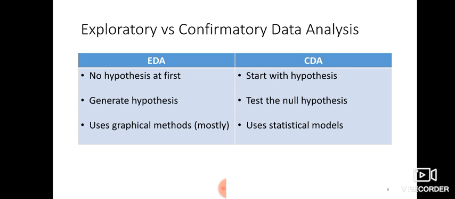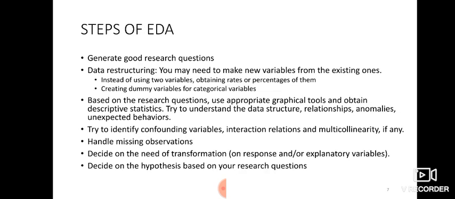Exploratory data analysis will generate the hypothesis, while confirmatory data analysis will test the null hypothesis. Exploratory data analysis mostly uses various graphical methods, whereas confirmatory data analysis uses statistical models.